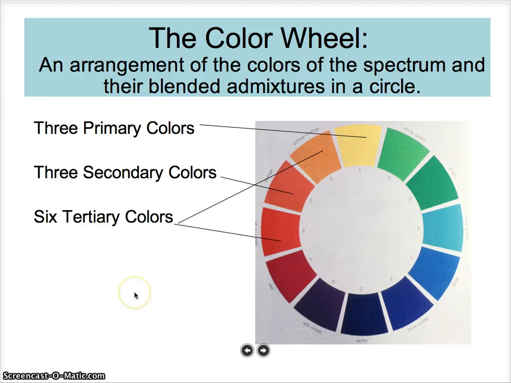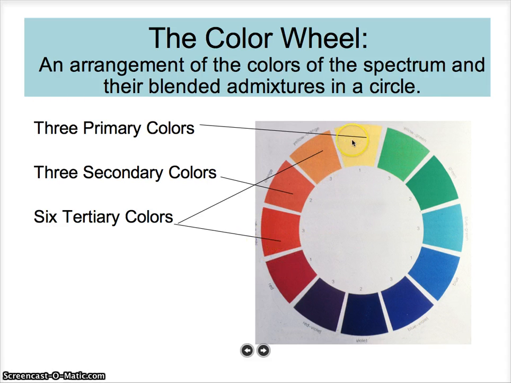Okay, this is how artists perceive the world of color. The artist arranges colors on a color wheel so that he and she can use the colors in different harmonic relationships. We can divide it up into primary colors: red, yellow, and blue. And then secondary colors, in which you mix two primaries to get a secondary.